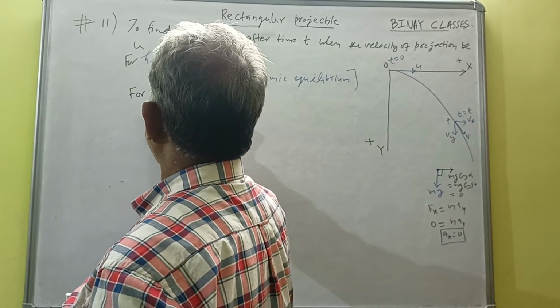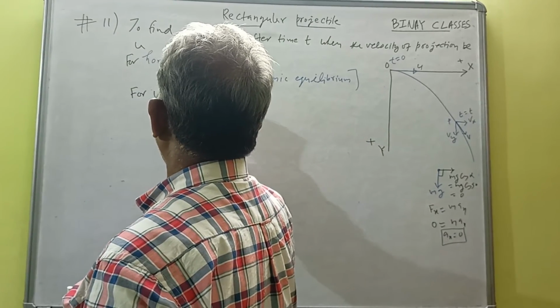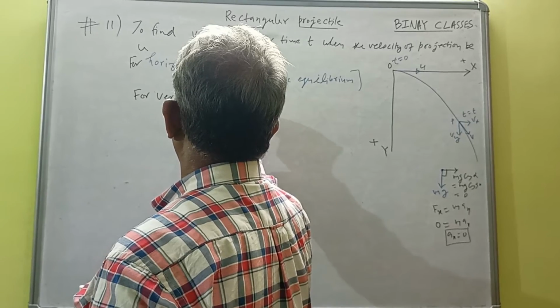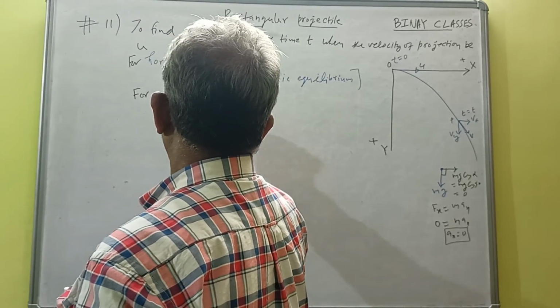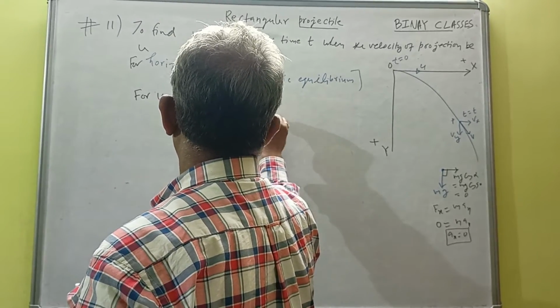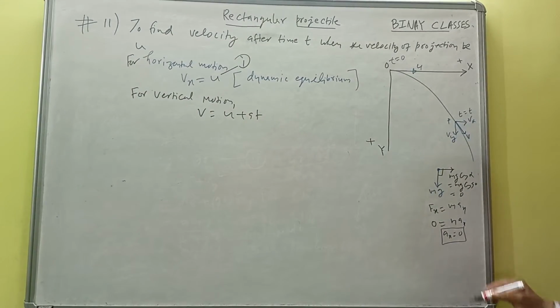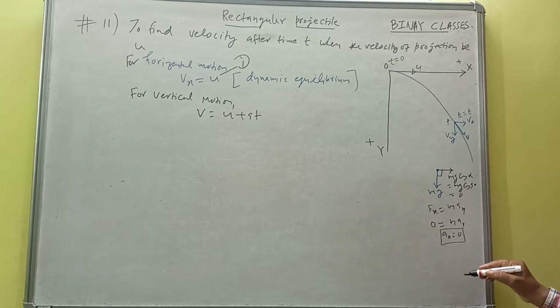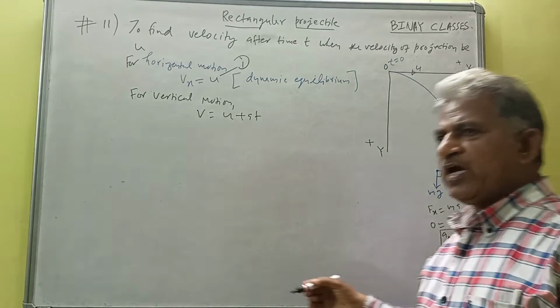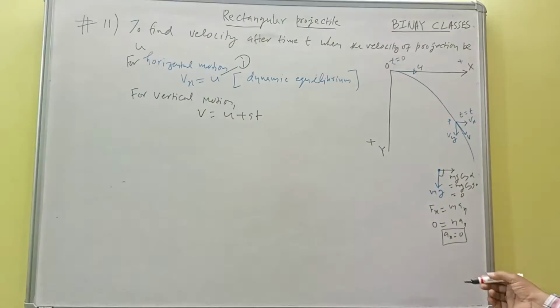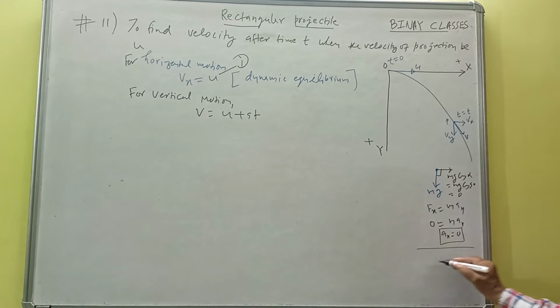Now for vertical motion. For vertical motion, there is the formula V equal to U plus At, because in the vertical direction the gravity force mg is acting, and here the gravity force is acting vertically downward, so the acceleration will also be acting in the vertical direction. What is the reason?